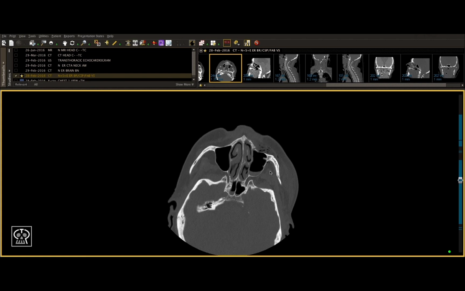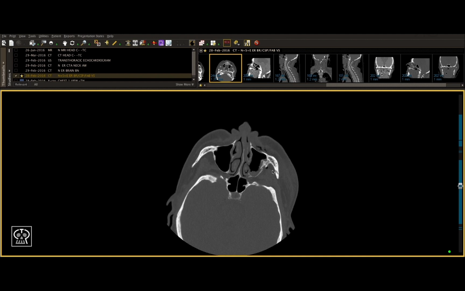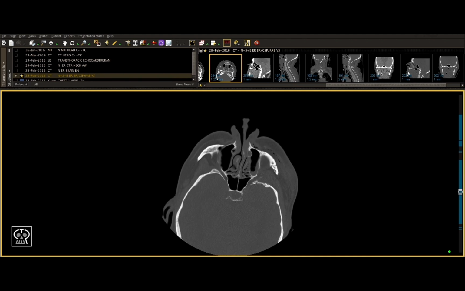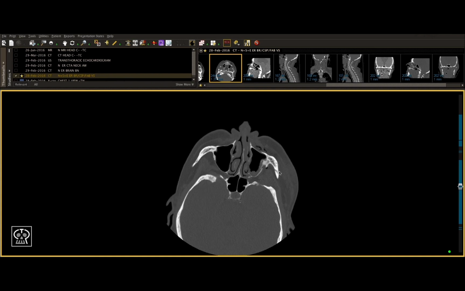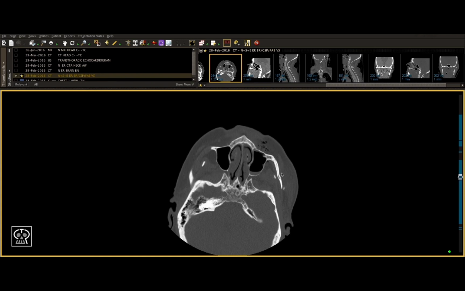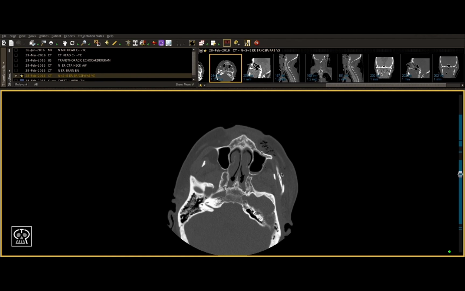Moving on to our arch now, we see a fracture of the zygomatic arch that seems to be non-displaced again. However, as we go more posteriorly, you can see it actually is displaced and is not in line.